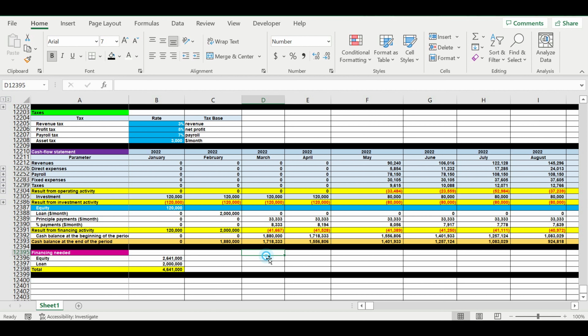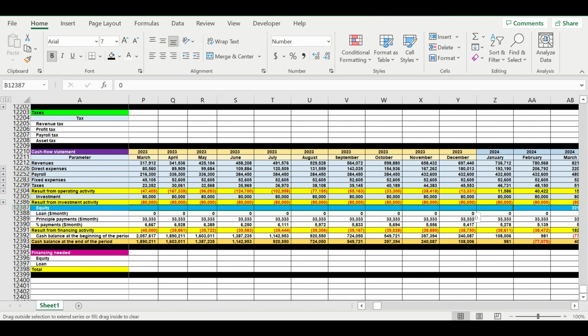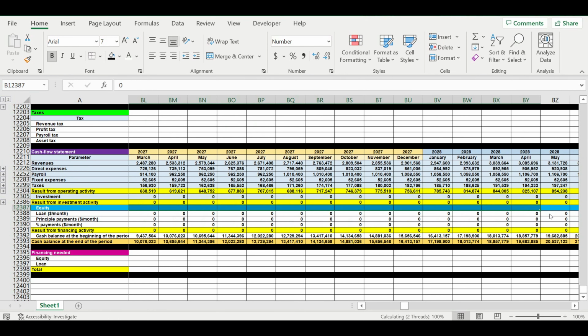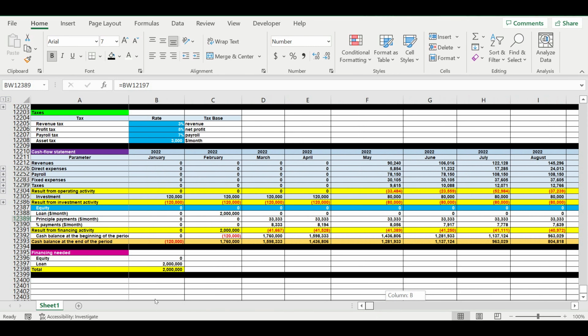So this is the manual story how we can calculate the amount of financing, but we can also try to automate the way we calculate the financing of your business idea. So how can we do that? Let's just copy the timeline.